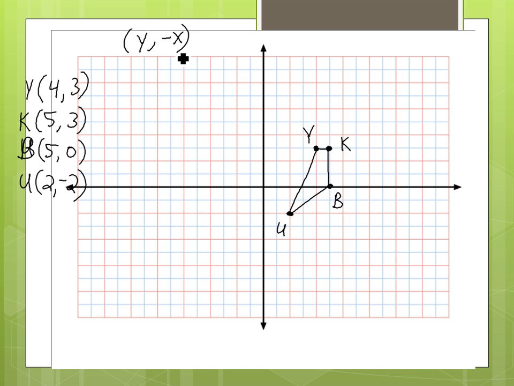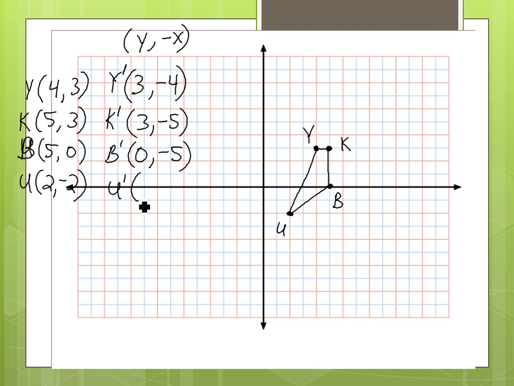That means we flip them around and we take the opposite of the second one. So we flip these two around and you got 3 then 4, but the 4 becomes the opposite, so it's a negative. That's Y prime. K prime is going to be 3, -5. B prime is going to be 0, -5. And U prime is going to be -2, -2.